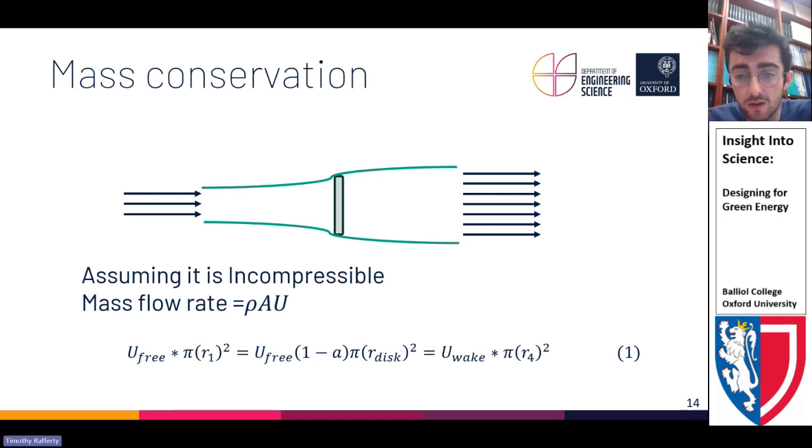Could anyone tell me how we might go about writing mass conservation for a fluid, for something that flows? Does anyone have an idea? Again, if you do, you can put it in the chat.